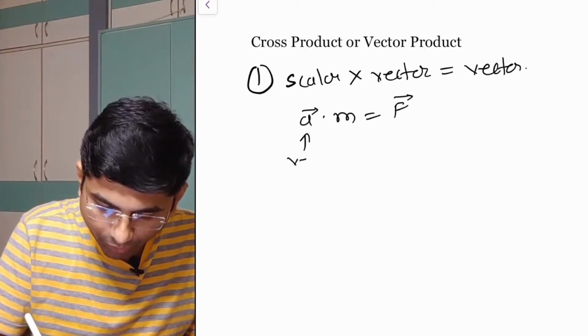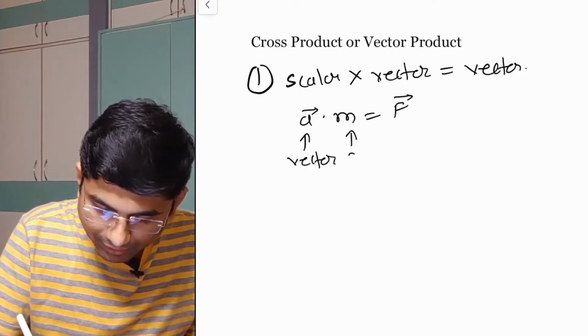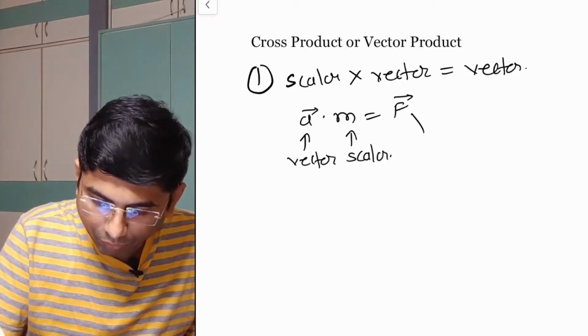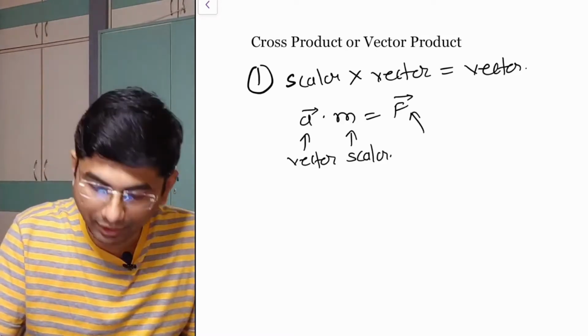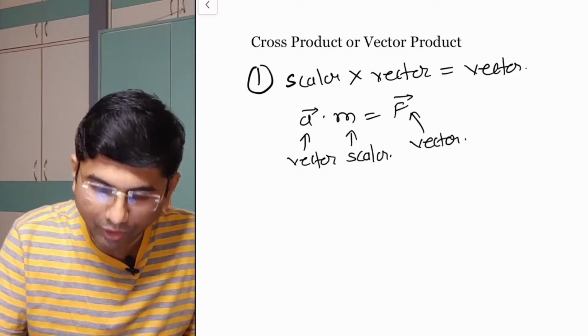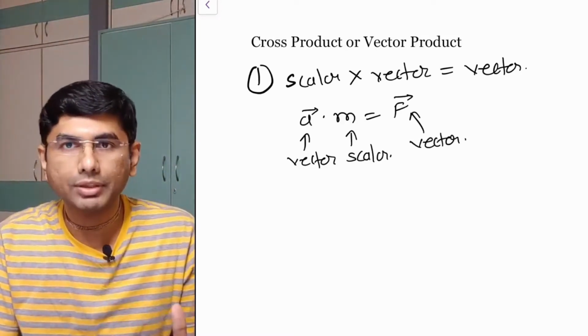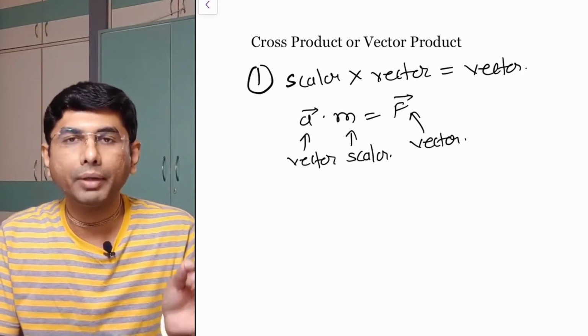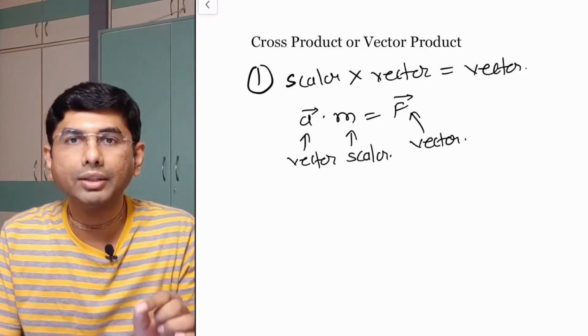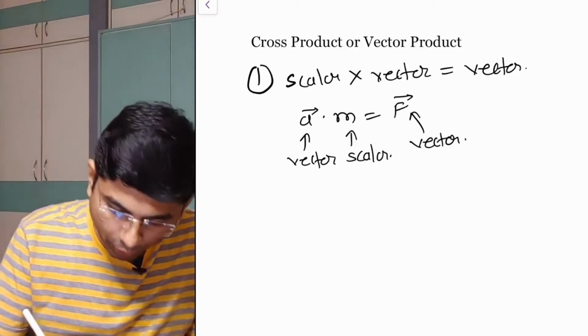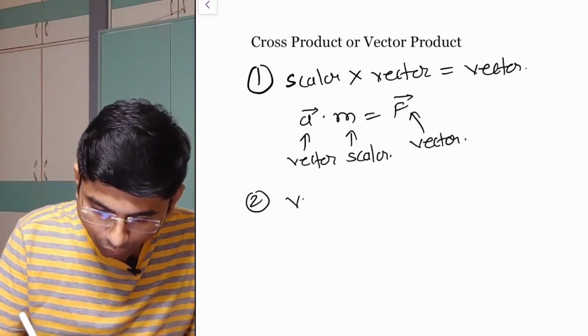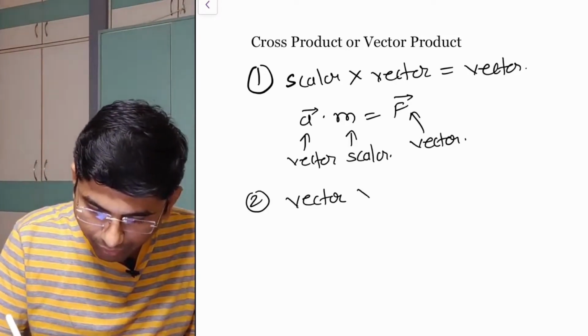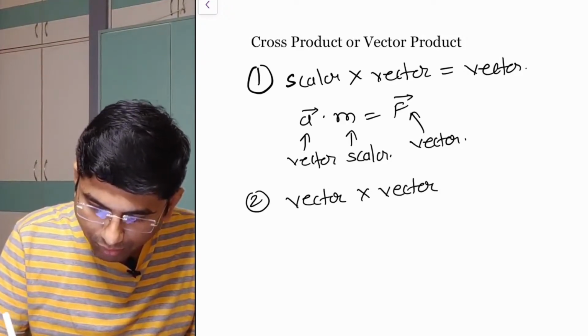Acceleration is a vector quantity, mass is a scalar quantity, but the quantity we get is again a vector quantity. So it's always a rule: whenever we multiply a scalar into a vector, the answer will always be a vector.